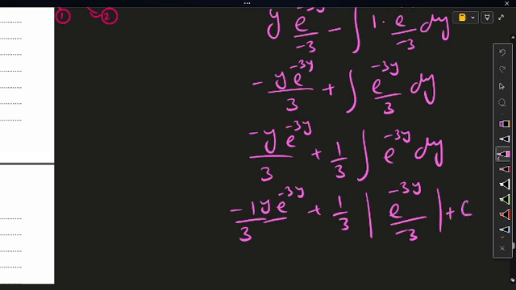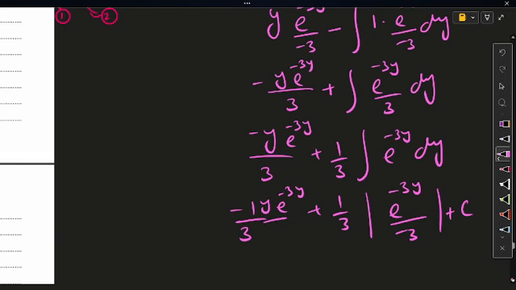Why did I introduce that constant of integration? Because at the start of that question, values of x and y are given to you, so it's necessary that you retain the value of c so that you can calculate it at the end, right?